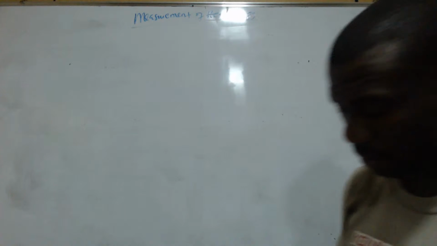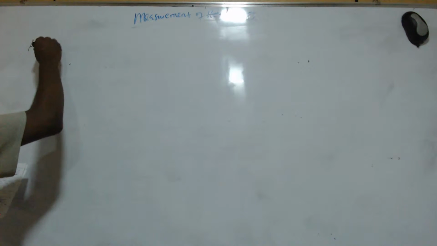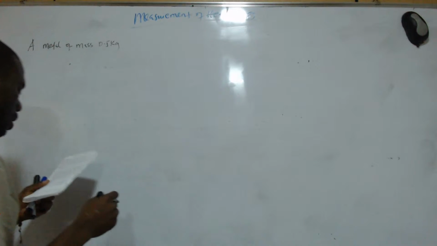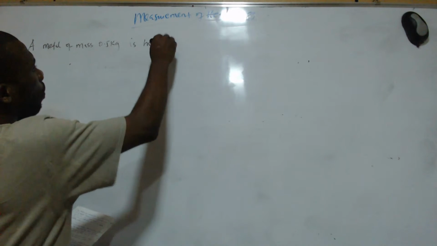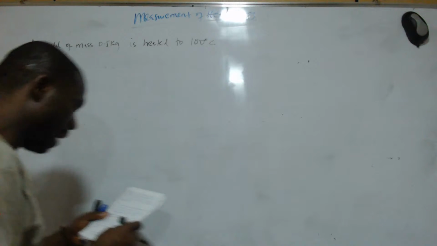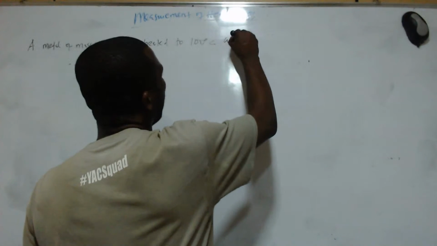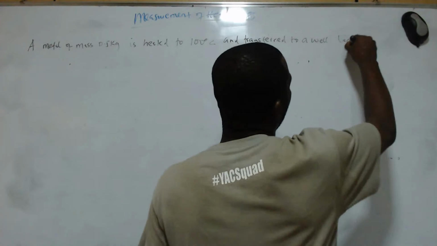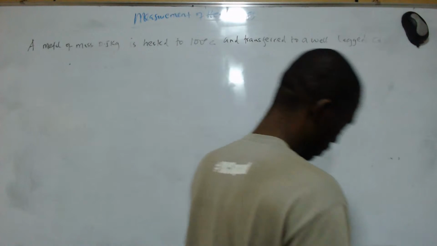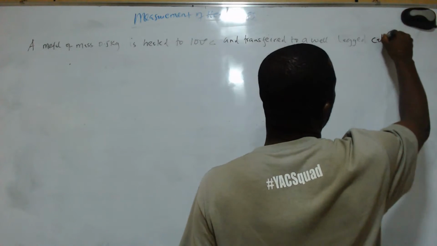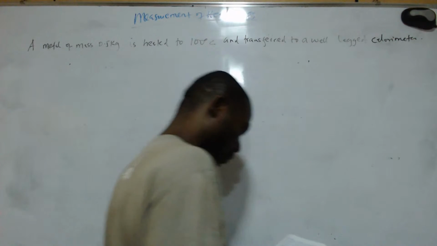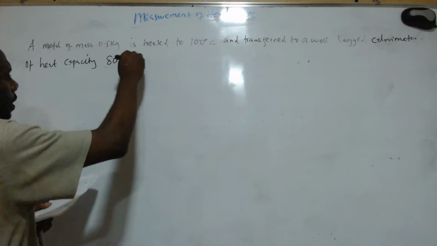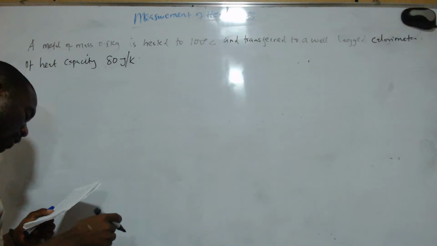It says a metal of mass 0.5 kg is heated to 100 degrees centigrade and then transferred to a well-lagged calorimeter of heat capacity 80 joules per Kelvin, containing water.